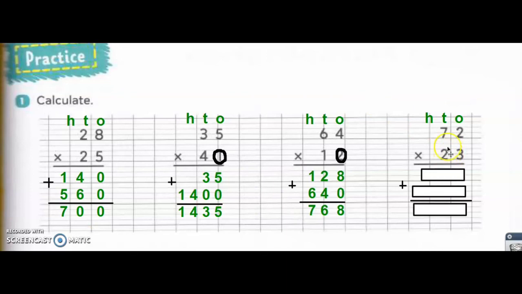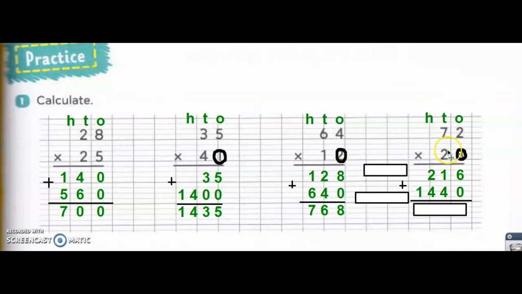Now with the last operation, 72 times 23. We start with 3 times 72 and we hide the 2. 3 times 2, 6. 3 times 7, it's 21. Now I'm done. If you want, you can hide the 3 or you can replace it with a 0 because I'm starting with the tens. I move the 0 to the ones place value.